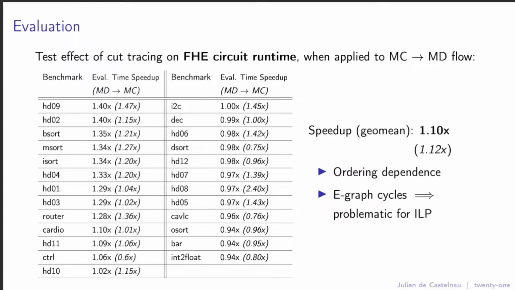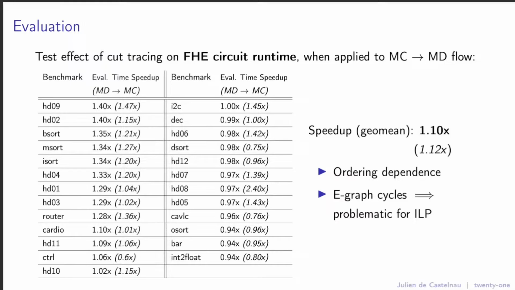We can also see that even though there is often an improvement, the results are still quite heavily dependent on the order, which is to be expected from the fact that we're not really deviating from the path chosen by the algorithm. Also, in some cases, cut tracing yields a worse result. With optimal extraction, this shouldn't be the case because it should simply find the same solution used by the baseline.